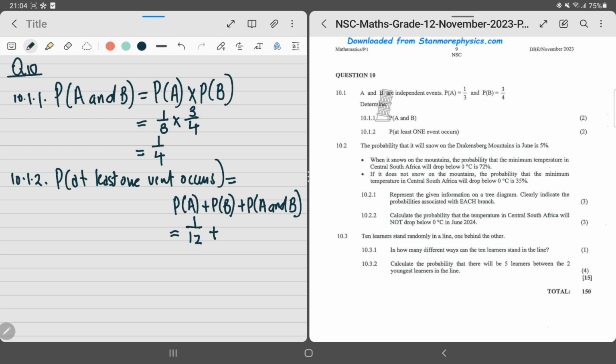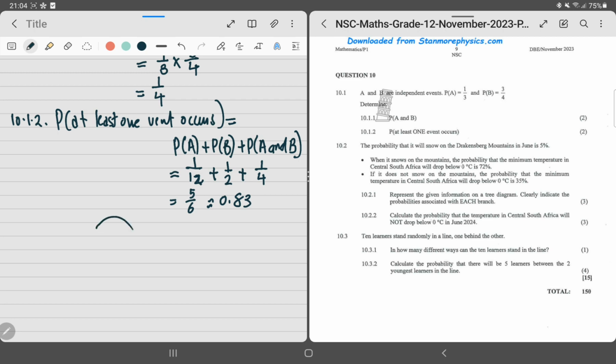The probability of B, the whole of B, is 3/4 minus the probability of A and B occurring. So this is 1/2. The probability of A and B is just 1/4. So this is 5/6, 0.83.